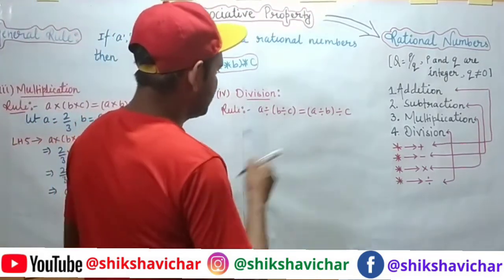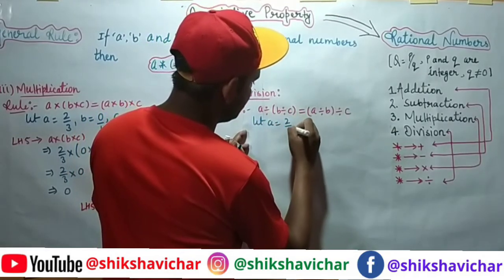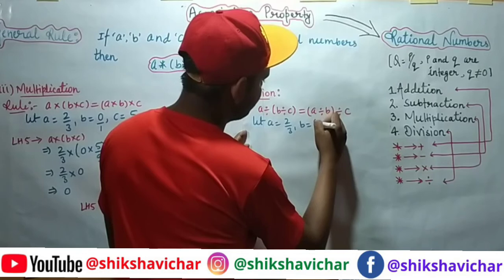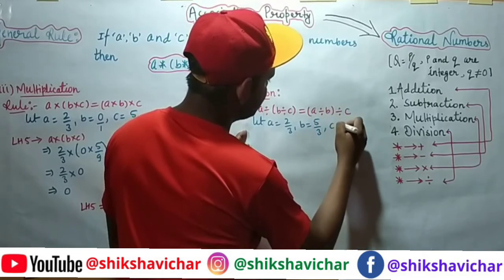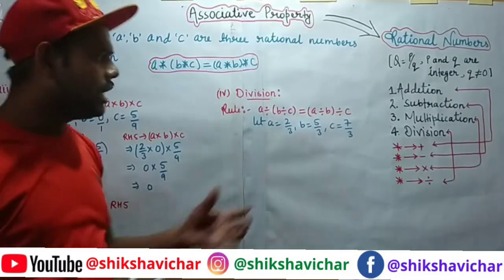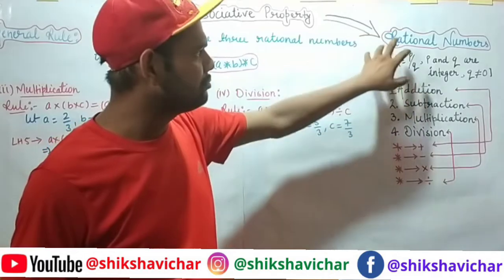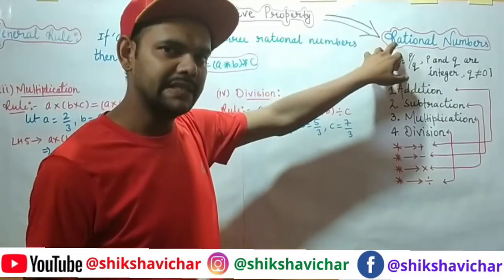So let a equal 2 upon 3, b equal 5 upon 3, and c equal 7 upon 3. You can take other numbers as well, but the condition is again that those numbers should come from the set called rational numbers.